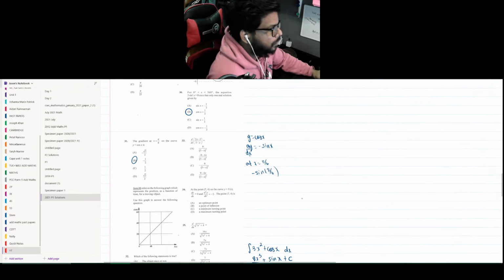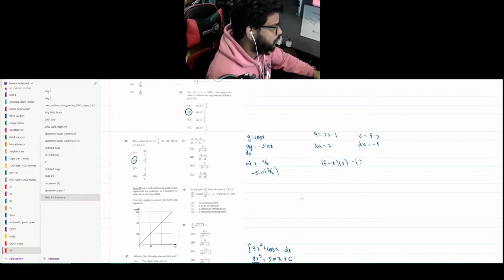Sorry about that. When you differentiate this here, this is a quotient rule. This is a repeat question. du is 2, dv is minus 1. We have v du dx minus u dv dx all over v squared.